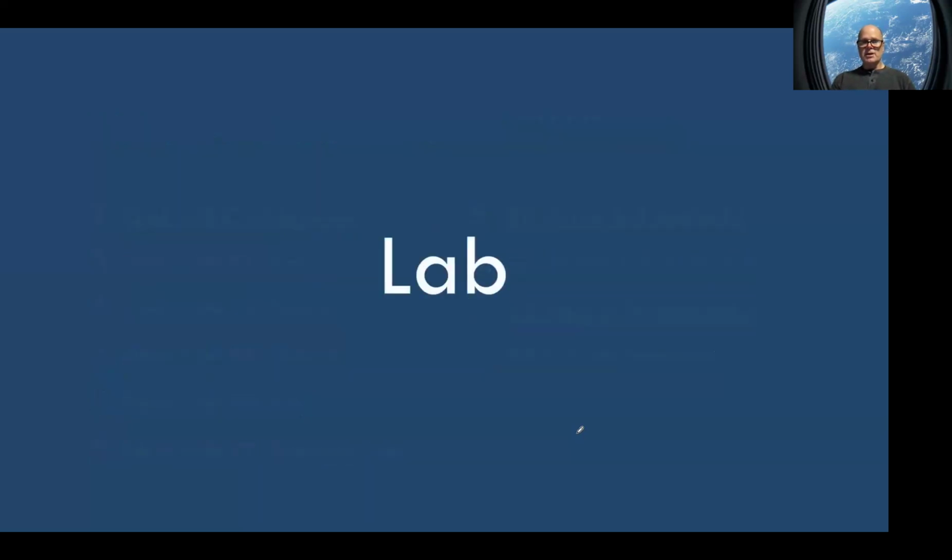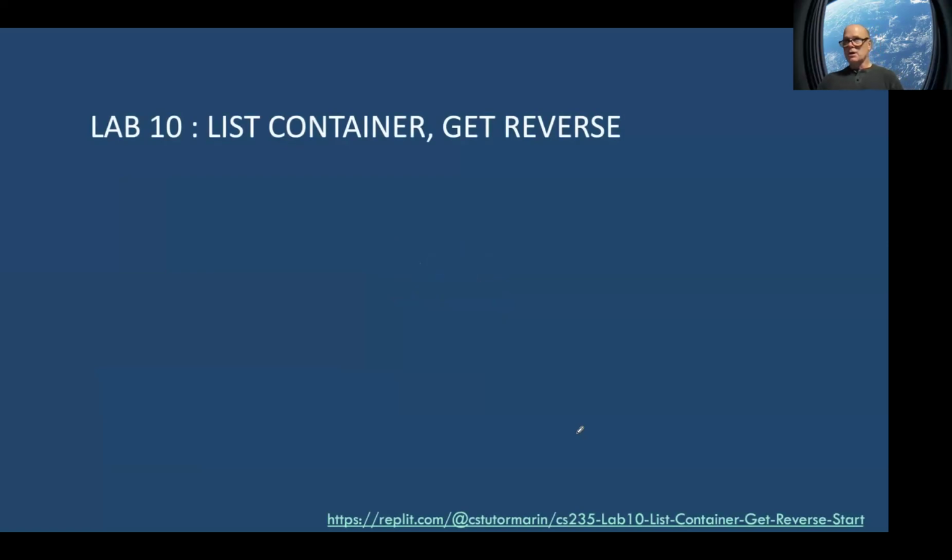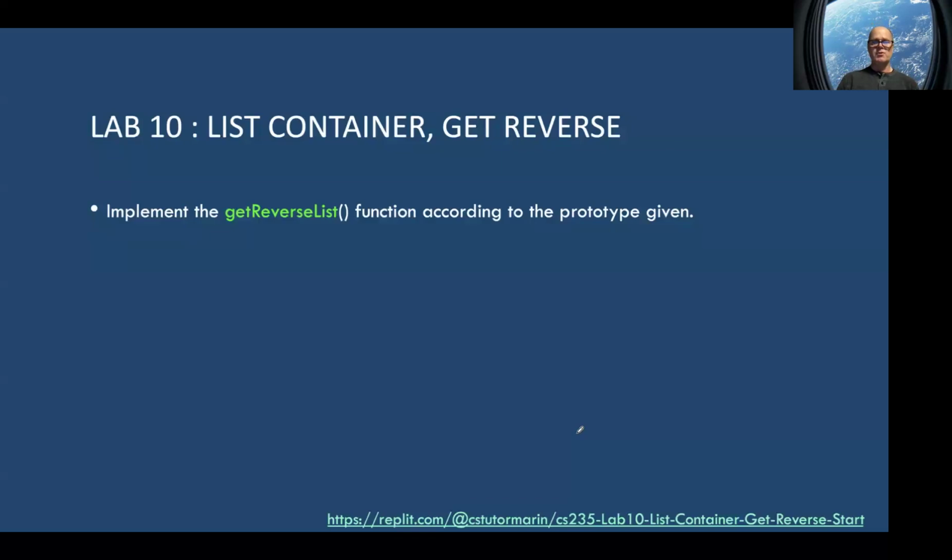So let me summarize our lab for today, and then we can let you guys do what you want to do. This is just a simple get reverse function. So I'm going to give you a copy of a list container, right? If it's 1, 2, 3, you're supposed to return 3, 2, 1, right? So it's a typical reversal we do in intro C++.